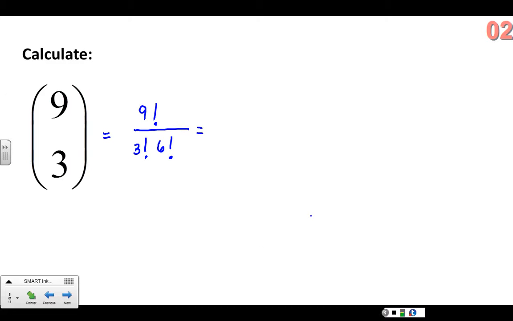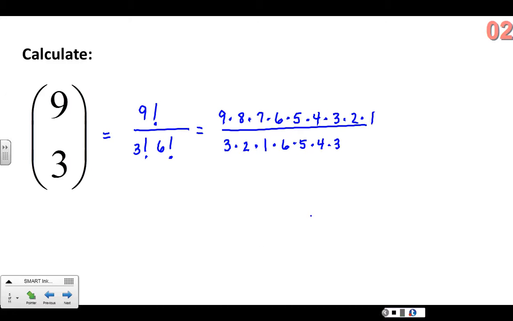So to work that out, that would be 9 times 8 times 7 times 6 times 5 times 4 times 3 times 2 times 1, divided by 3 times 2 times 1 times 6 times 5 times 4 times 3 times 2 times 1. So as you can tell, we can go ahead and cancel out 6 down.